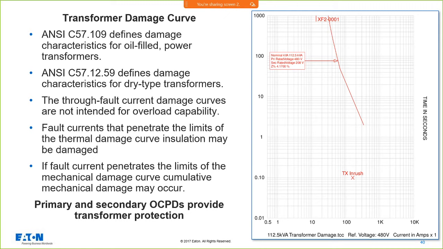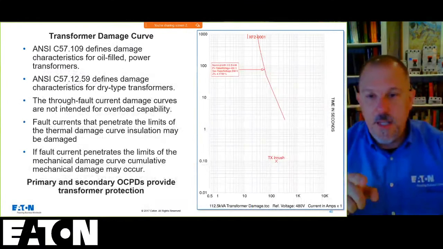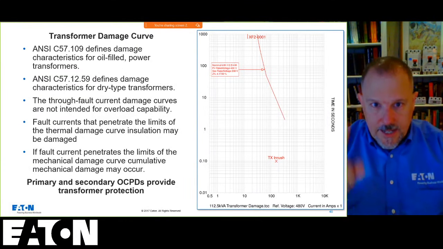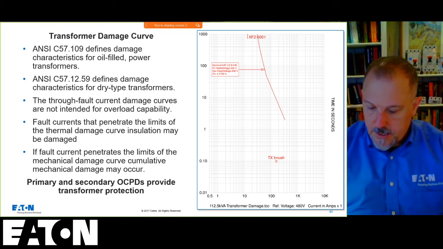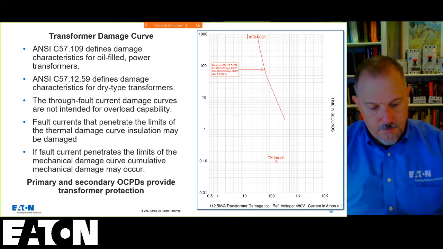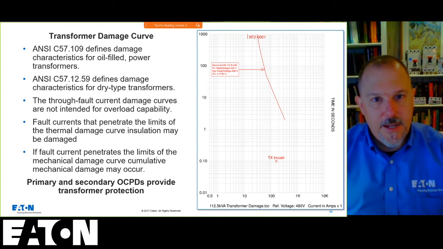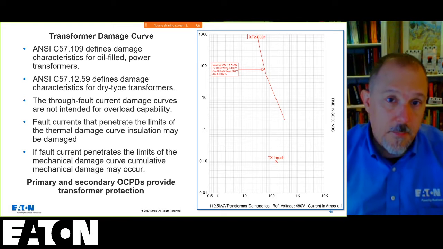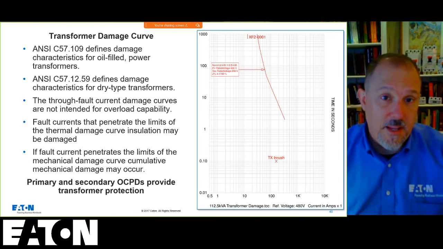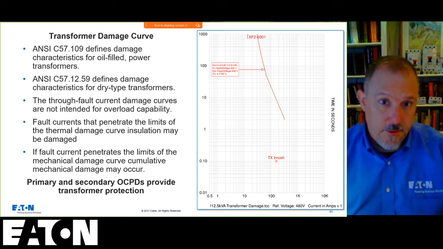And that curve that you're looking at right there on the screen is the category 1 damage curve taken from C57.12. And again, it's an approximation. I'm not getting that from the manufacturer. I'm taking that from standards.